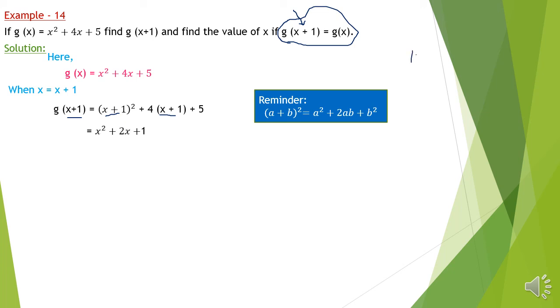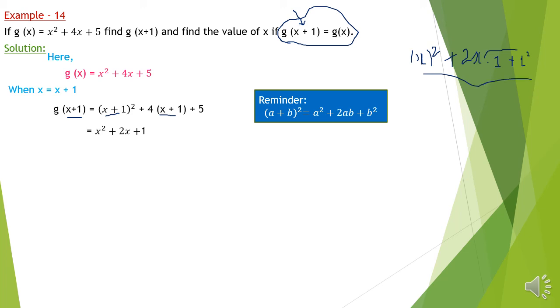Here a is x, so x² + 2·x·1 + 1², that will be x² + 2x + 1. It is the expansion form.